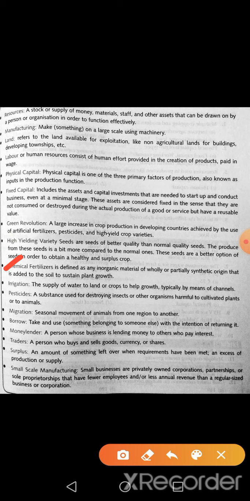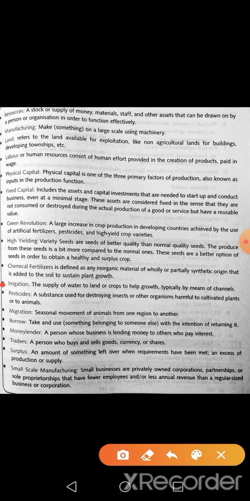Next, chemical fertilizer. What do you mean by that? It is defined as a material of wholly or partially synthetic origin that is added to the soil to sustain plant growth. For growing plants in very good condition, we use chemical fertilizers. Next one, irrigation.